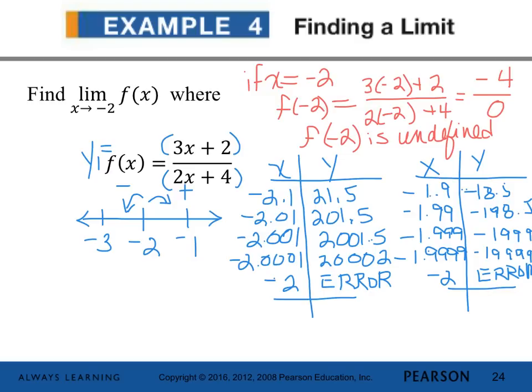So we wonder what's going on here. Because we went from 21.5 to 201.5 to 2001.5 to 20,002. So as x approached negative 2 from the negative side, f of x kept getting larger and larger, and we say that it approached infinity.